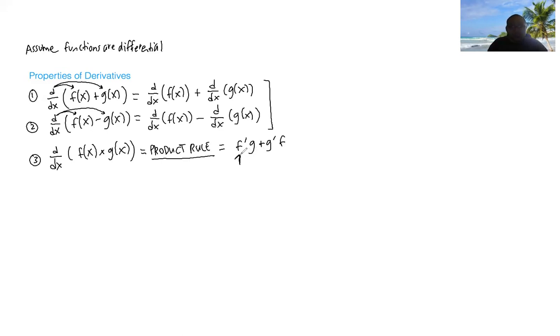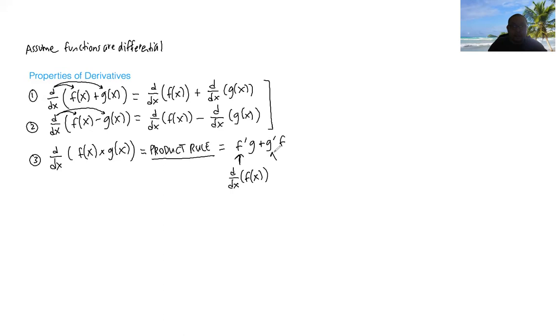F prime represents the derivative with respect to x of your function f of x, this first term. G is just your original g of x function. You're going to perform this product, multiplying these together, and add it to this term over here.